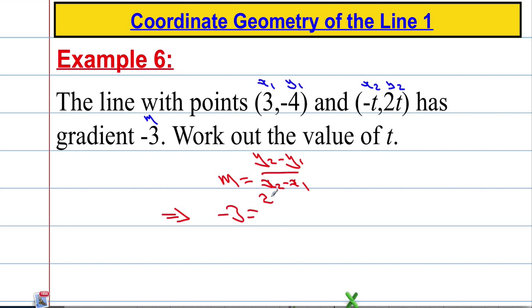So 2t subtract y1, which is negative 4, over x2, which is negative t, subtract x1, which is 3.